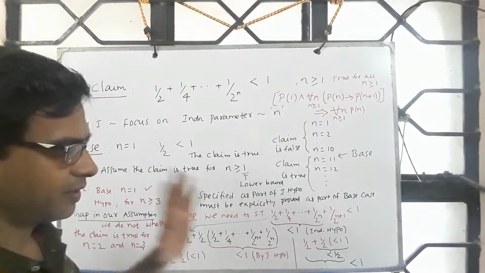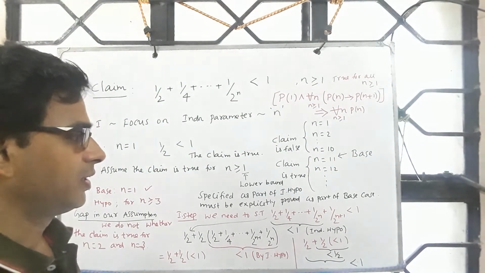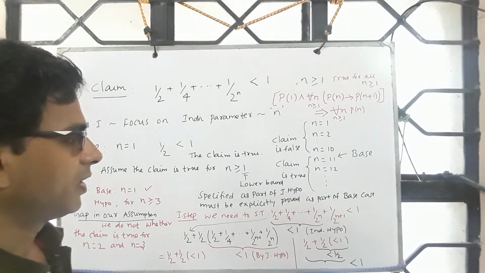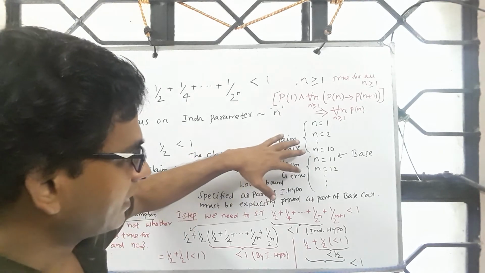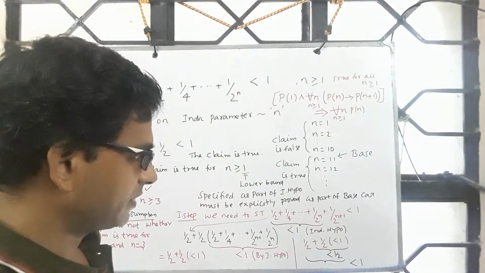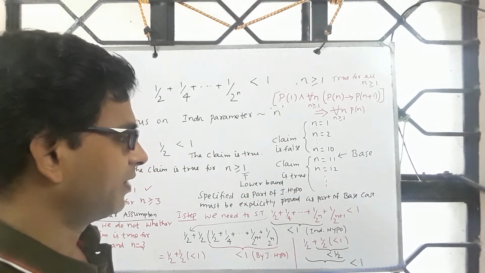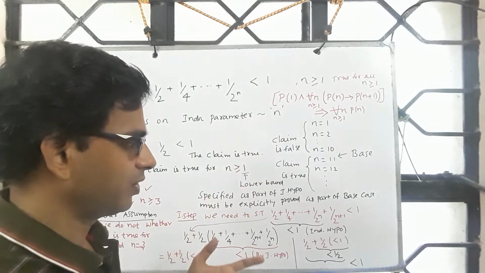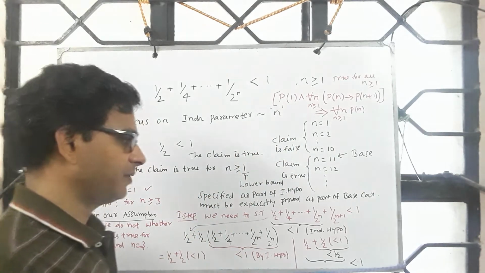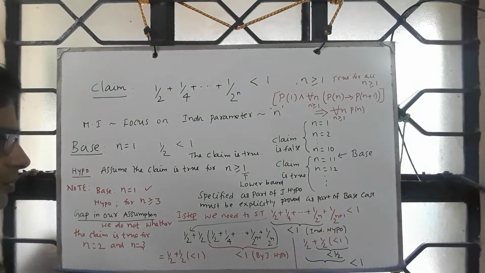Then simplify, and the answer will be done. And remember, there are problems where the base case starts at a later stage. We will see a couple of them, and for most of the problems you will see that the base case is at 1 or 2 or 3. Okay, so we will see one more case study following this.